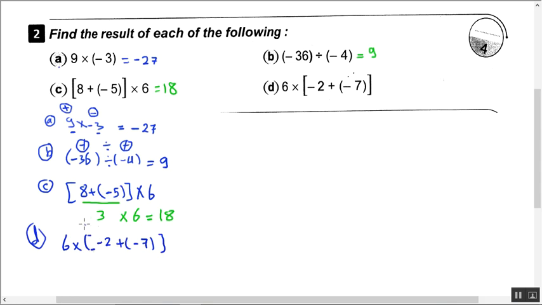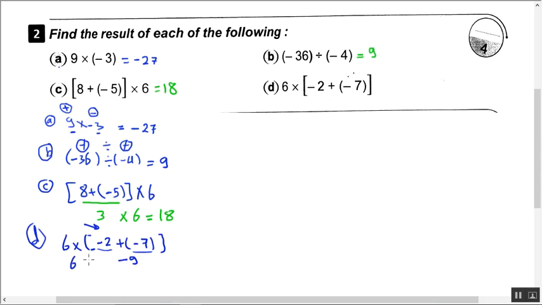We must start with this operation. Here we have brackets, so we'll say negative 2 plus negative 7. Negative 2 plus negative 7 equals negative 9. Why? Here he lost 2 first, and here also he lost 7. So the sum of loss here equals negative 9.